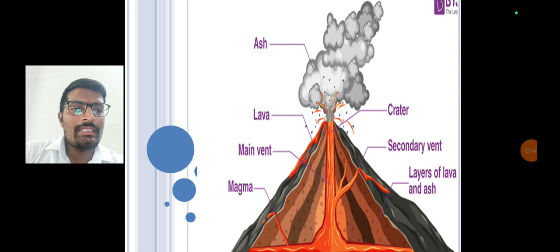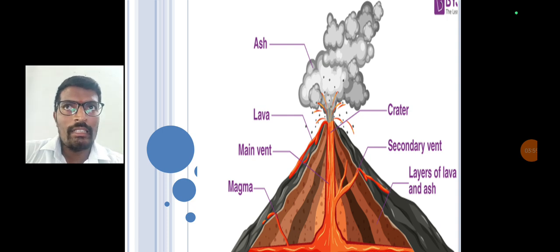This creates faulty zones. Across the faulty zones, it can produce an opening from the magma chamber to the earth surface. That is called the main vent or opening.